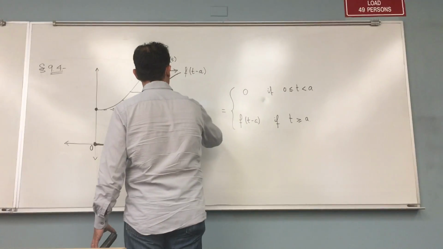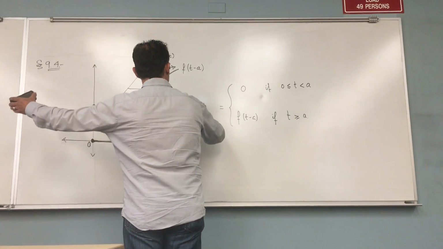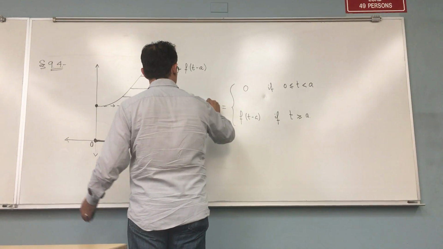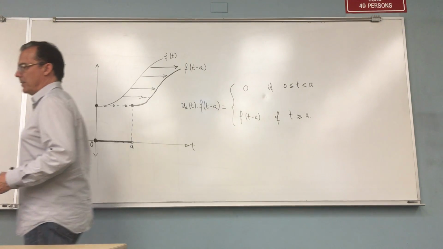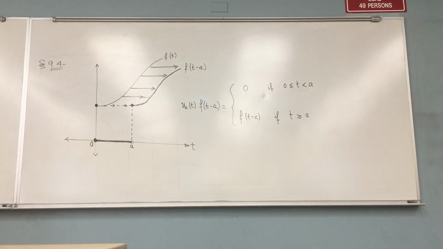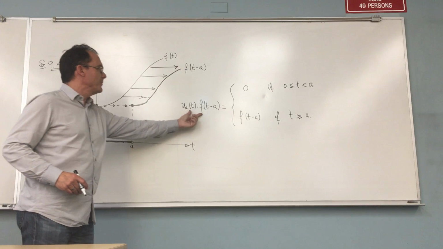It is the function you get when you multiply the u_a function you defined over there by the horizontal shift of the little function f, a units to the right. So the graph of this is this.